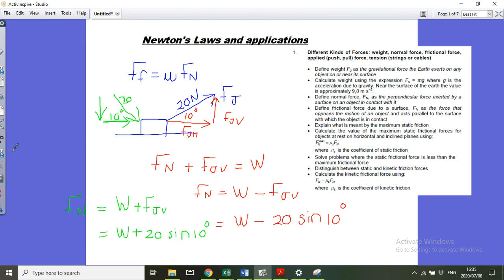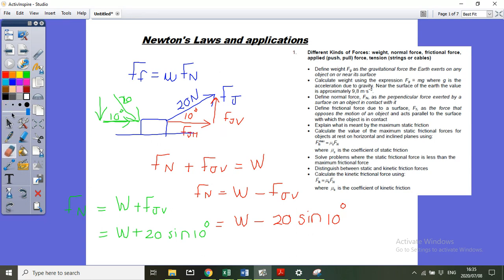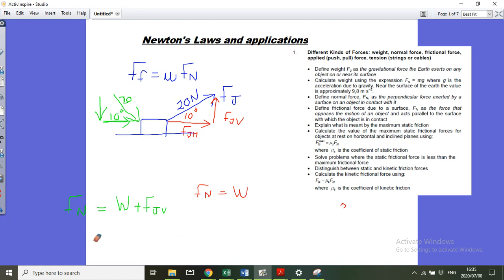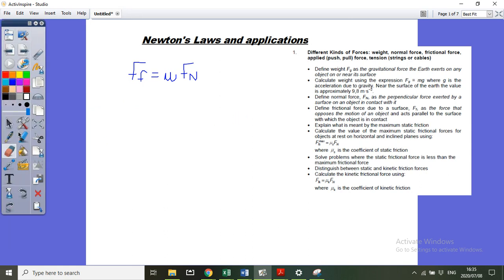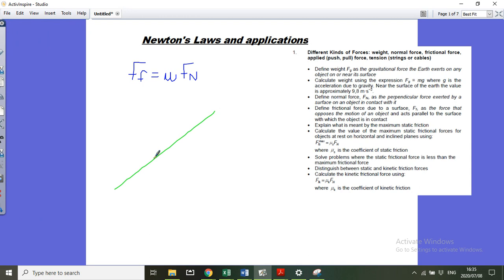And then the last one is if you have an object on an inclined plane. Now, I don't really want to talk too much about that because we spent too much time on that in chapter 1. But if you have an object on an inclined plane, please remember, if this object is in equilibrium, which means it just stands still, there is the weight that we can't escape from.